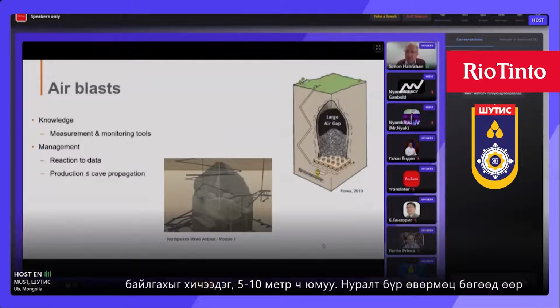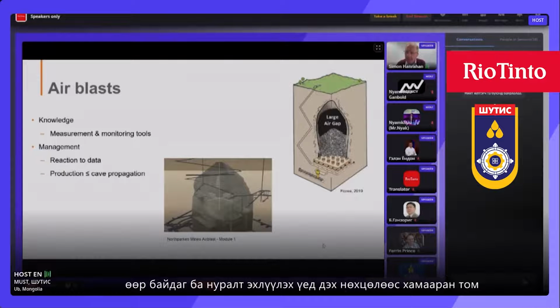The illustration at the bottom left is something that happened about 20 years ago to North Parkes mine, where it really illustrates an air gap situation they had in a much smaller operation than what you're looking at here.